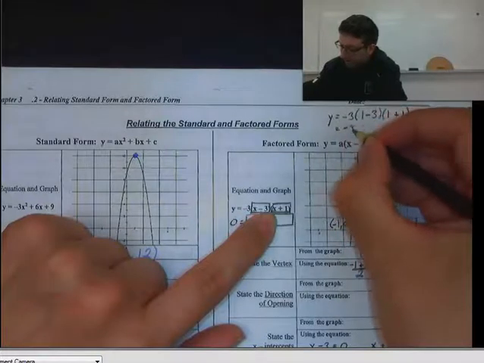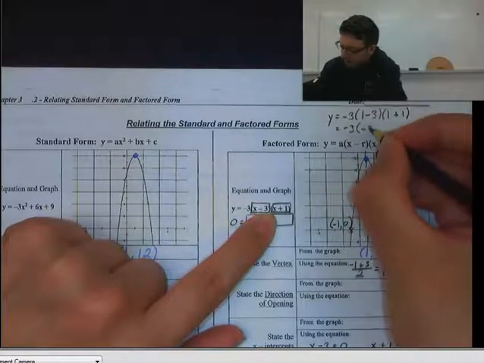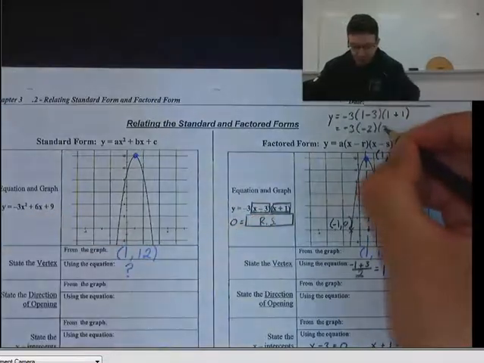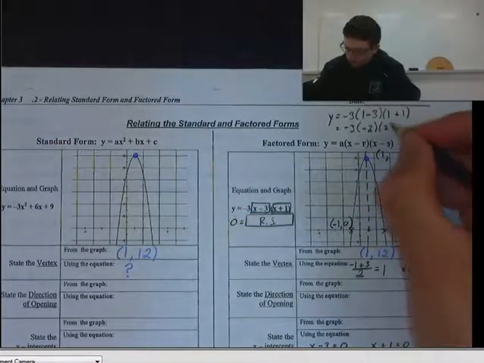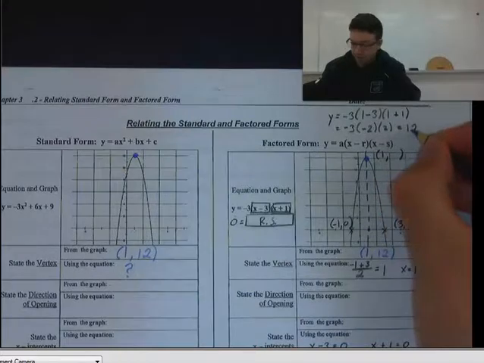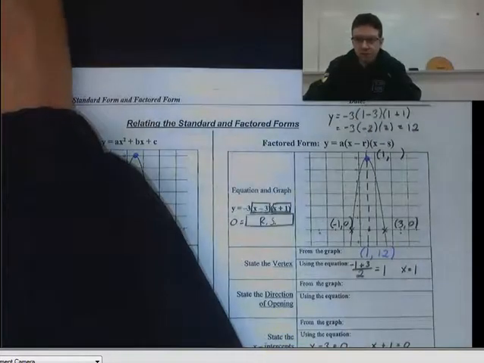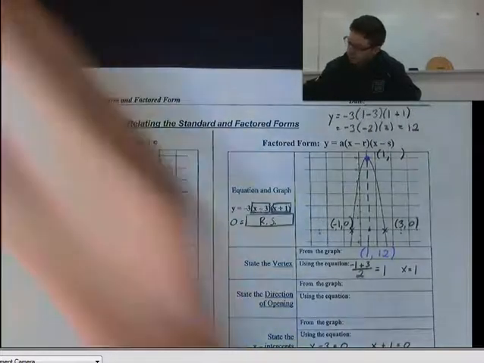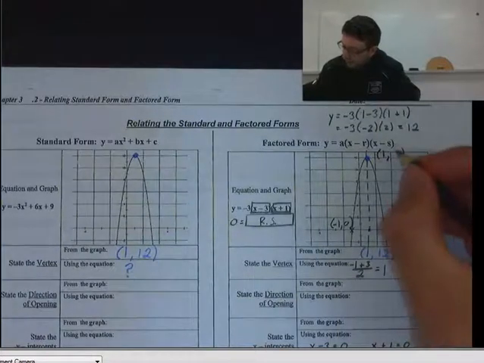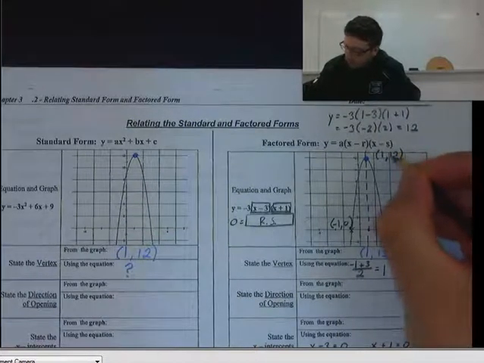So we get -3 times -2 times +2, which gives us 12. Alright, so here we have the point 1 and our y, 12.